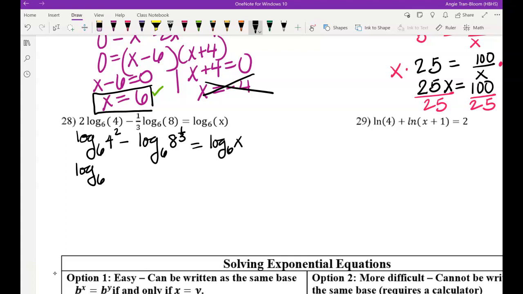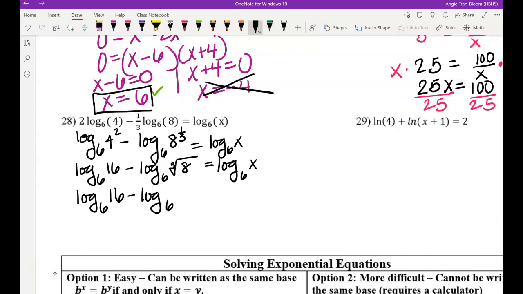Log base 6, 4 squared is 16, minus log base 6 of the cube root of 8, which I'm going to write as a 2. Okay, so log base 6 of 16 minus log base 6 of 2 equals log base 6 of x.